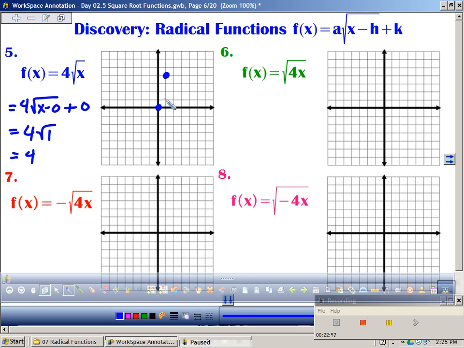The first one we go over 1 up 1 on the original graph, and then we go over 4 up 2. The first one we went over 1 up 1, the second one we went over 4 up 2. Because the square root, right, if I put in 4, I get 2.